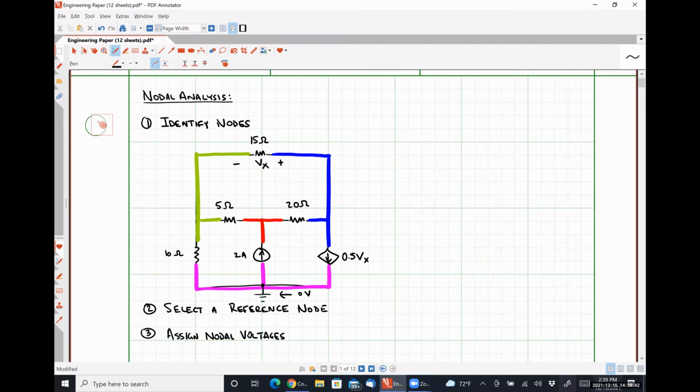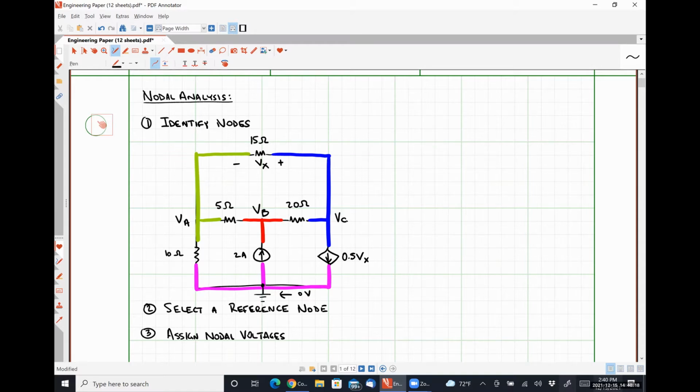So effectively, for every node that isn't my ground or my reference, it just gets a value. So I'm going to call the node over here in green as node A, and so it's going to have a nodal voltage VA. I'm going to call this guy in the middle node B, and so it'll get a nodal voltage VB. And I'll call this guy over here to the right node C, and so it'll get a nodal voltage VC.